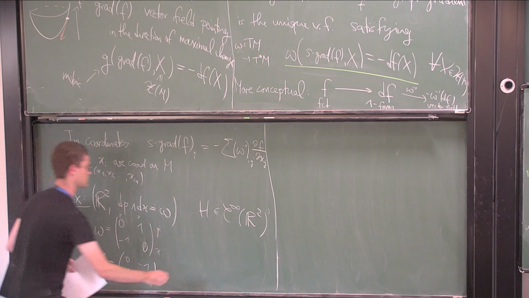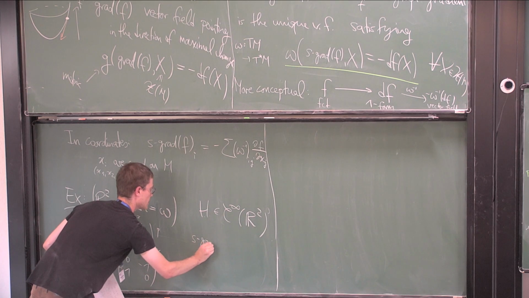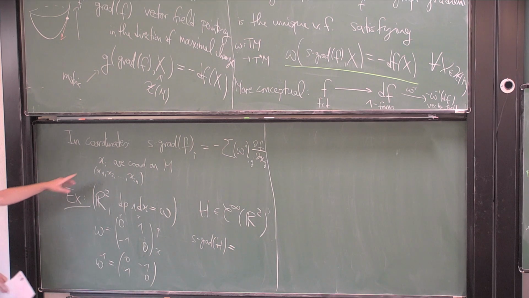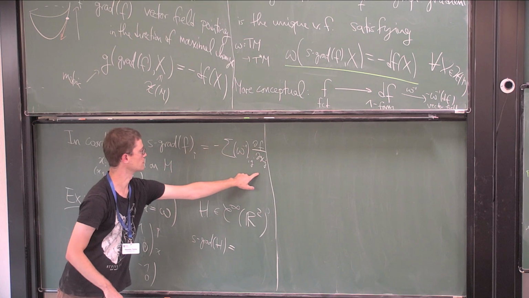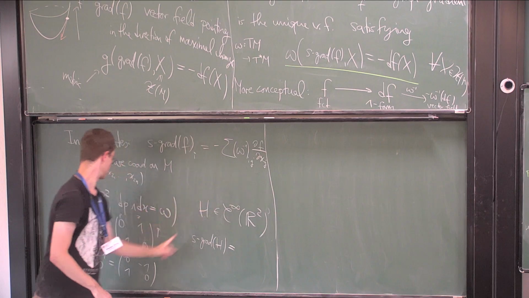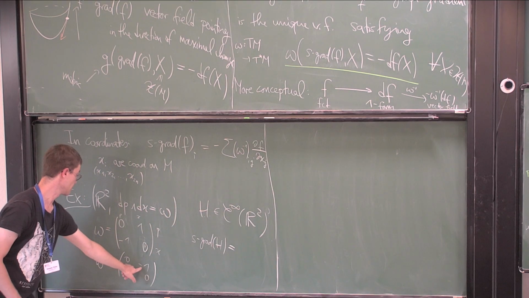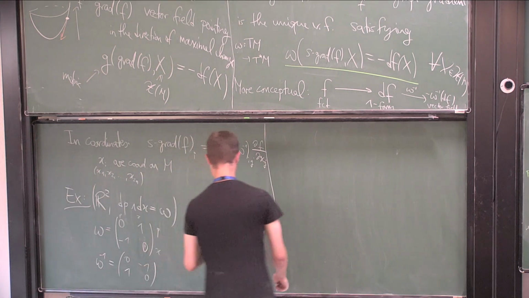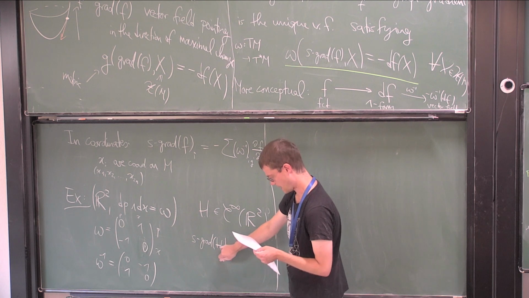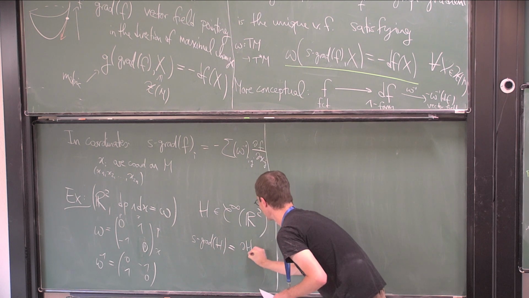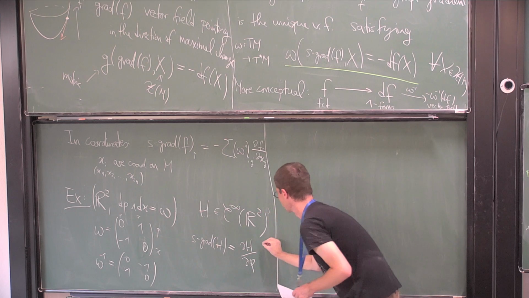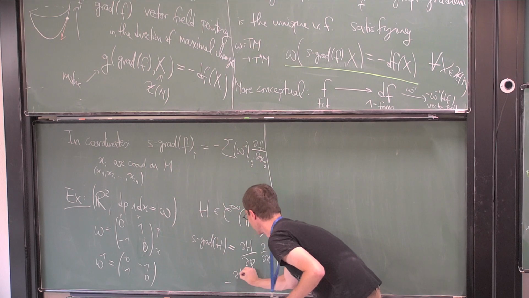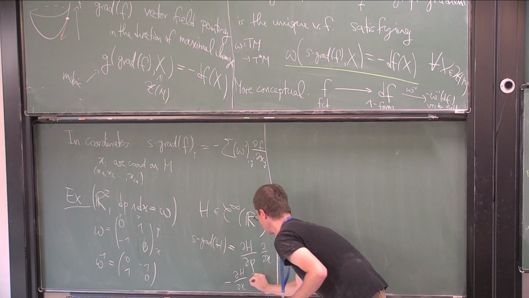And then what you should get is the symplectic gradient of h. So you have an x component, which should be the derivative with respect to p, so you have this 0 here. And probably, if my signs are correct, we should get a minus. So this is the x direction, and you get the minus sign in the p direction.